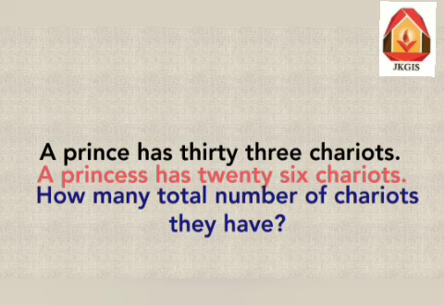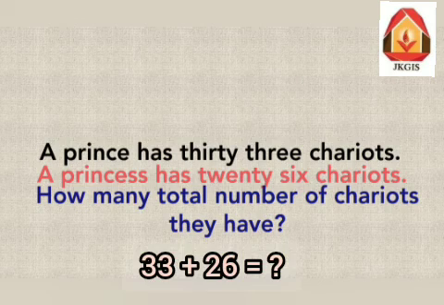Chariots means rath and chariots move on land. So, it is a land transport. Now let us find the total number of chariots both prince and princess have. So here we have to find the total of 33 plus 26.